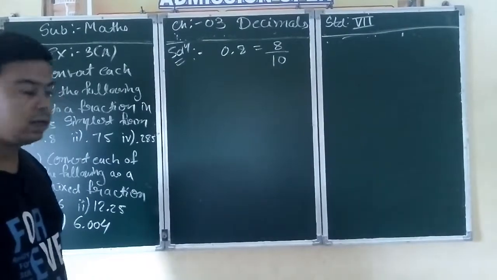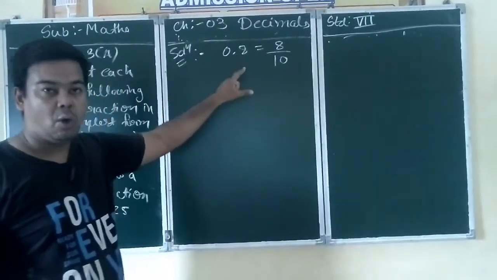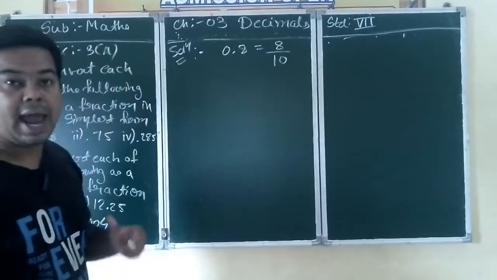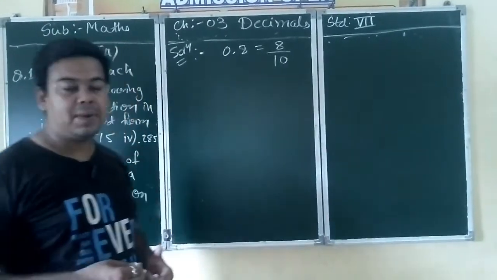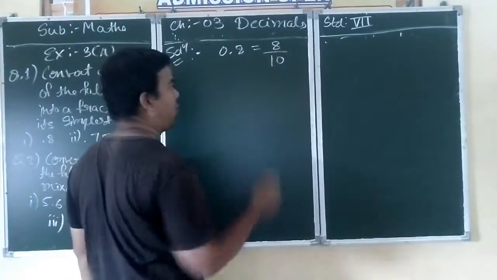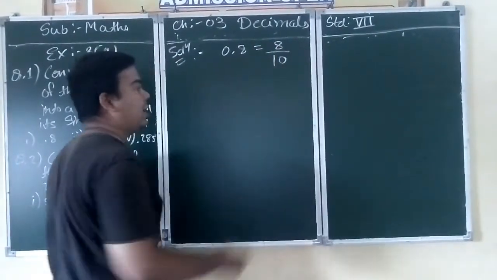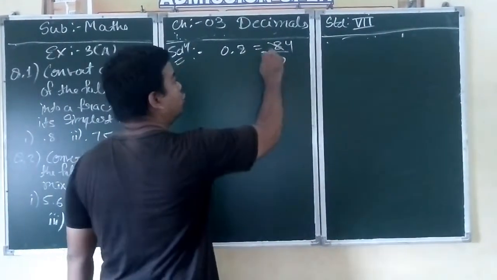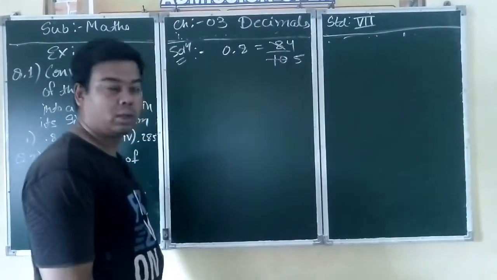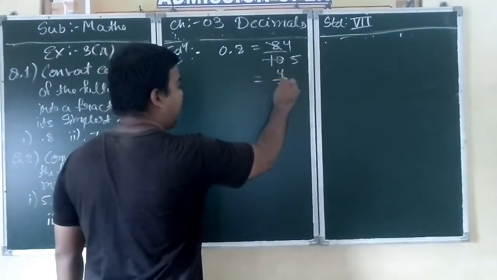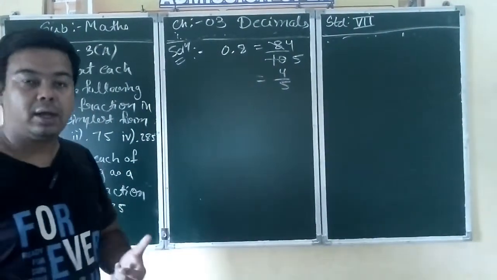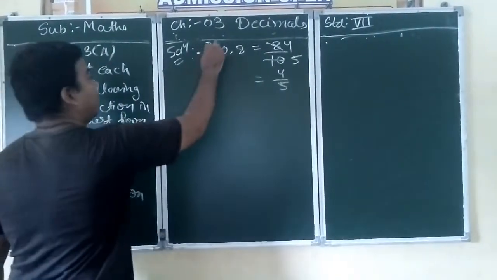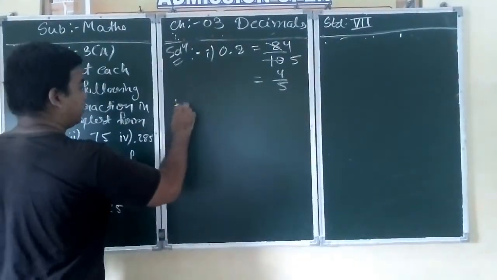Now we convert into simplest form. 8 by 10 is divided by 2: 2 fours are 8, 2 fives are 10. Now 4 by 5. Can we divide more? No, so we stop here. This is our final answer. See the second question.